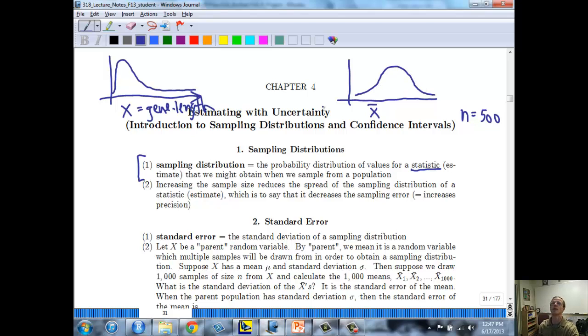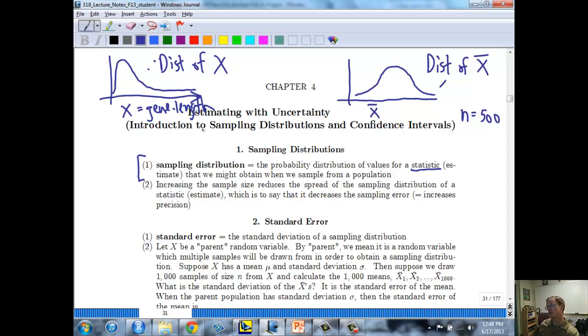That's the difference between the distribution of X and the distribution of X bar. X bar is called a sampling distribution, X, regular old probability distribution, and that's the relationship.